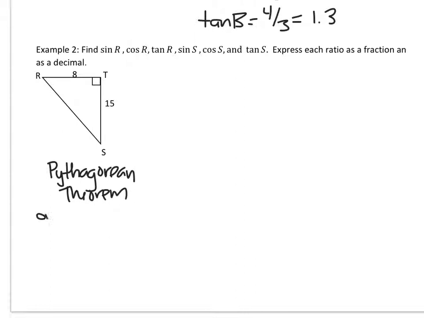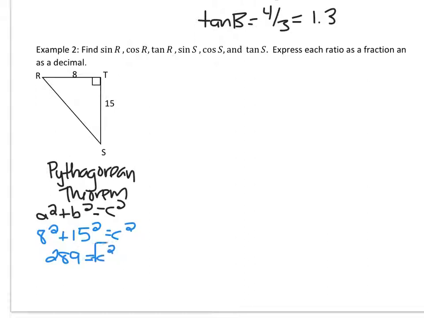So a squared plus b squared equals c squared, where c is always our hypotenuse. So in this case, we're going to have 8 squared plus 15 squared equals c squared. 8 squared plus 15 squared is 289. Take the square root, so c is 17.